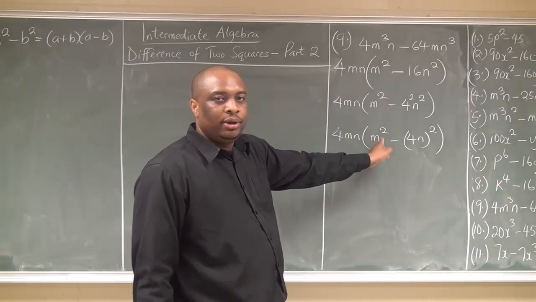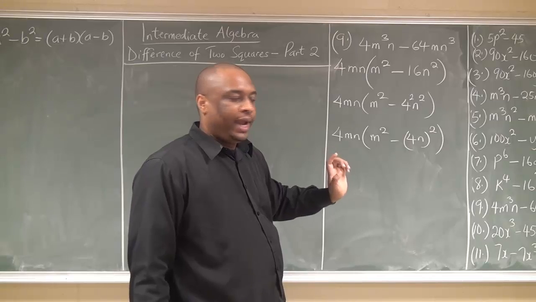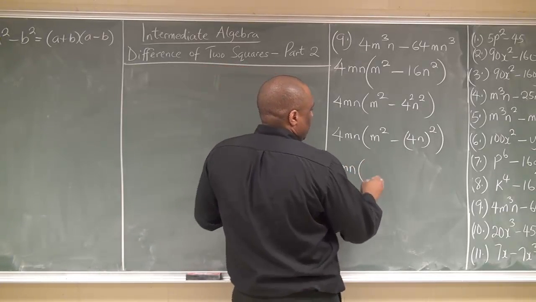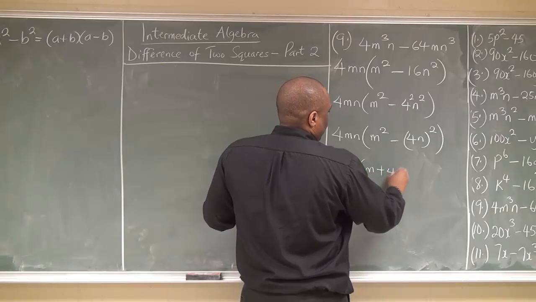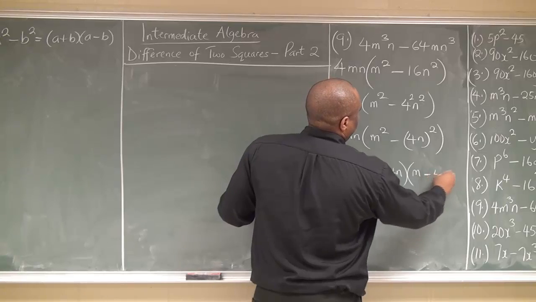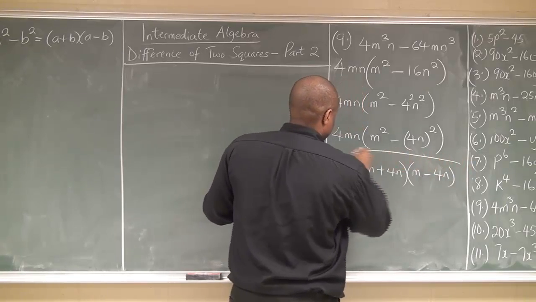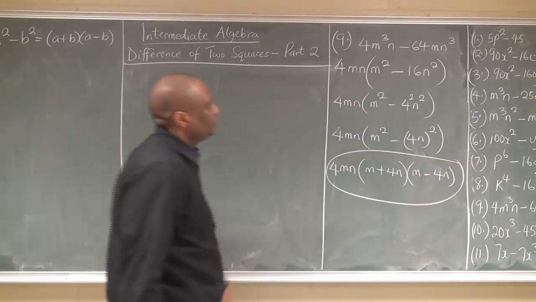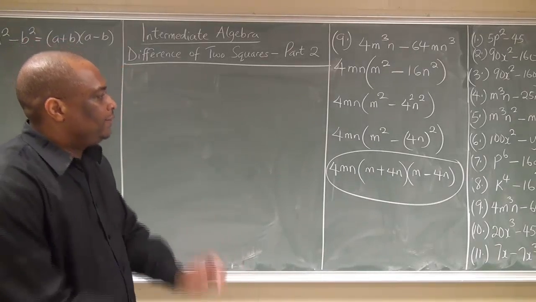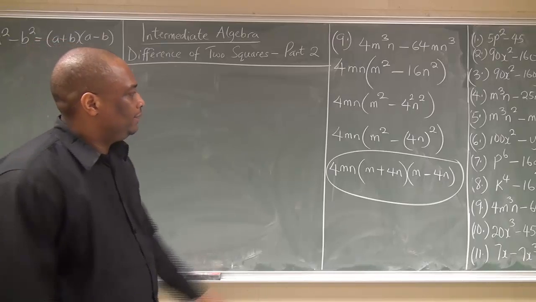Your a is m and your b is 4n. So this will be 4mn times m plus 4n then m minus 4n. And this becomes your answer.